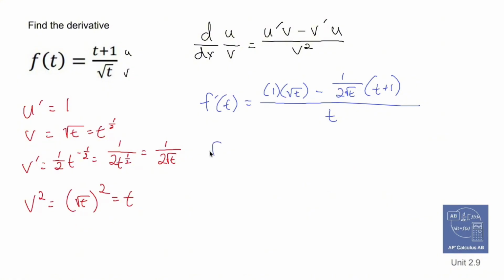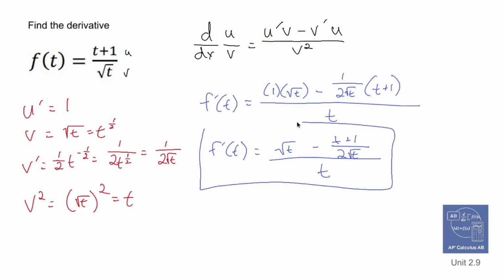That's all right. F prime of t equals 1 times the square root of t is the square root of t, minus, let's put t plus 1 in the numerator, so t plus 1 over 2 root t, over t. And I think I'm going to leave it like that because who cares?